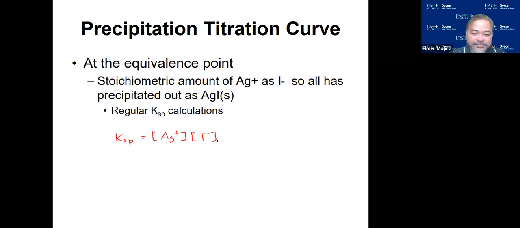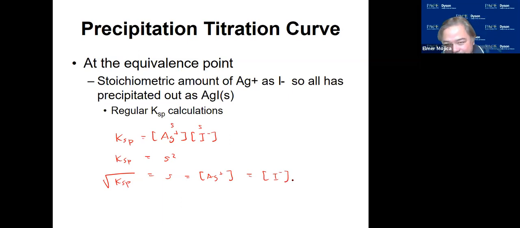So what does it mean? At equivalence point, you let this be S, so this is S squared. So S is just the square root of Ksp, and that's the concentration of both the silver ion and the iodide.